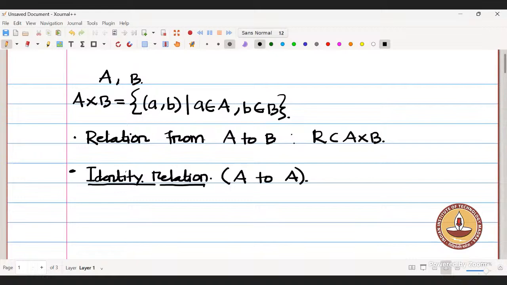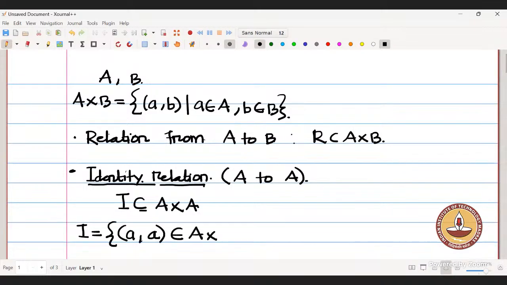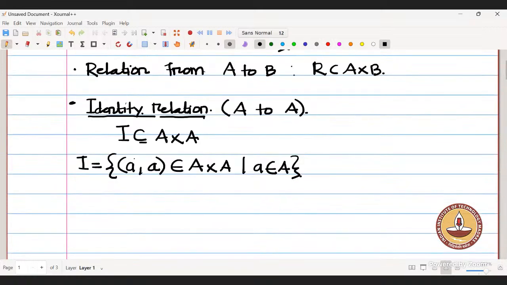Suppose I have a relation I, which is of course a subset of A cross A. Then I is an identity relation if I is precisely the set of pairs (a, a) for a in A. If my relation is precisely this set, then I call it an identity relation.